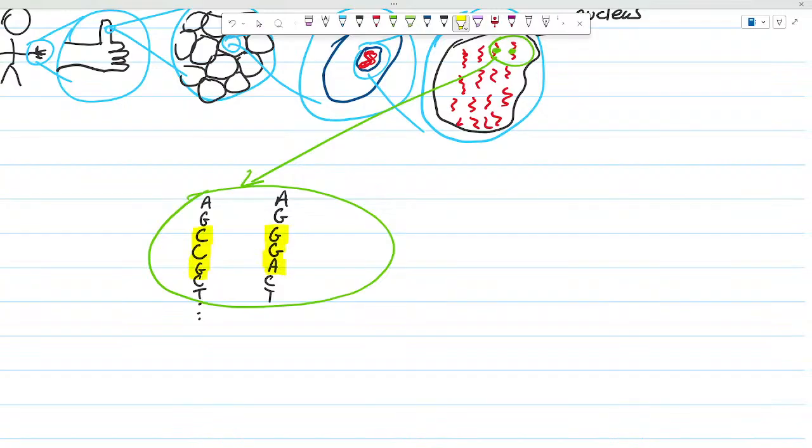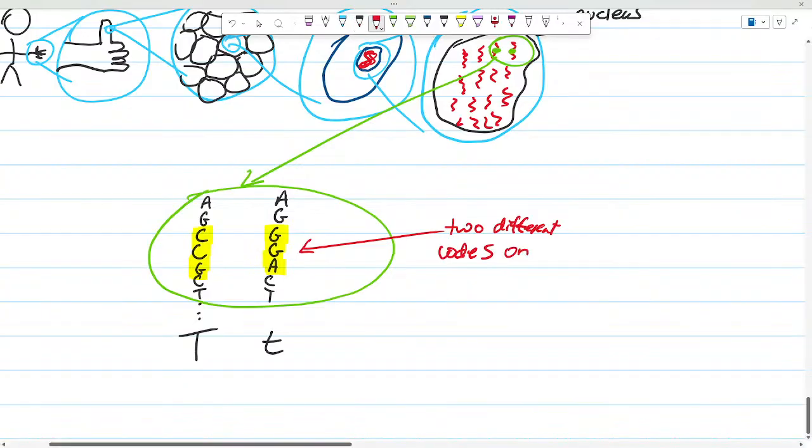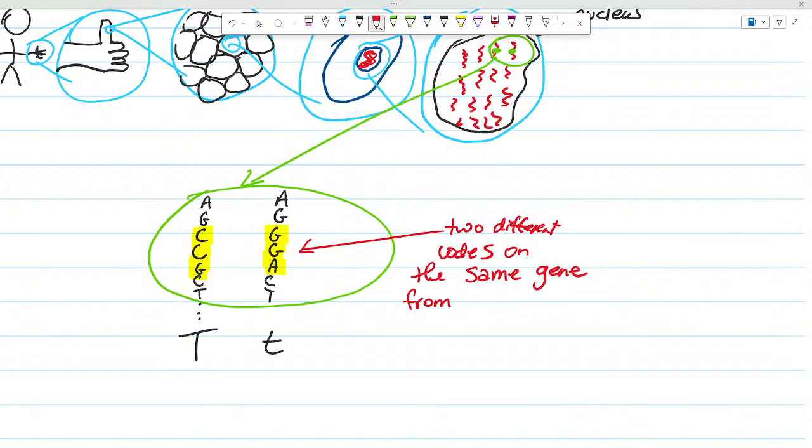But do you get the idea that there's 2 different codes? This one here might be the big T, and that one there might be the little t. Does that make sense? So it's 2 different codes on the same gene, from the maternal and paternal chromosome.